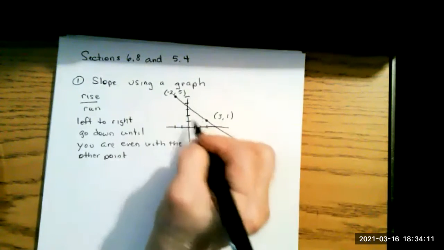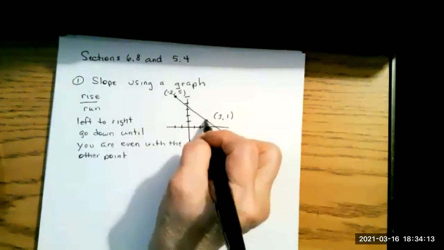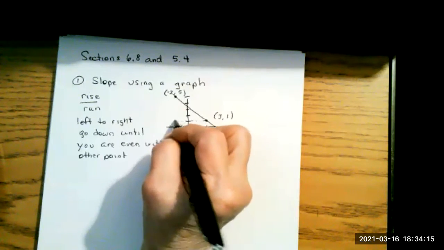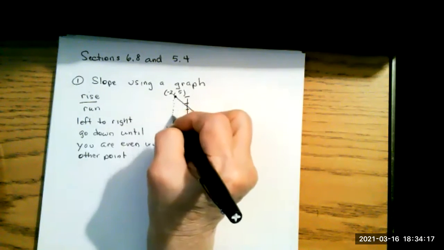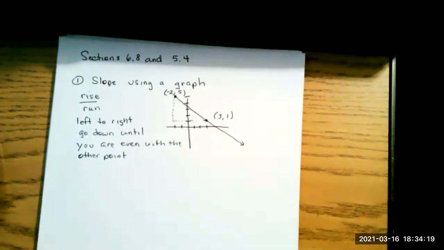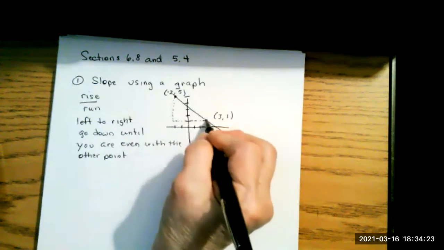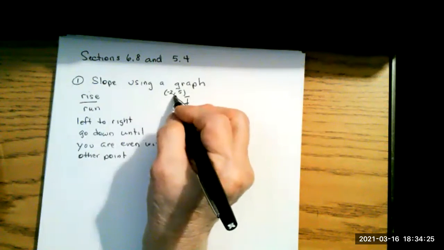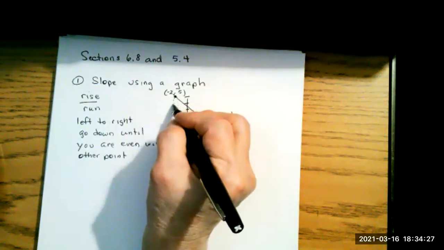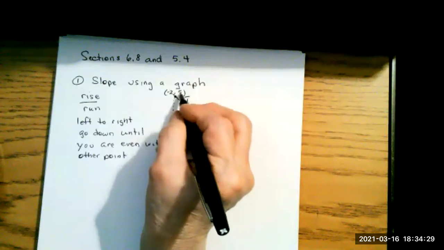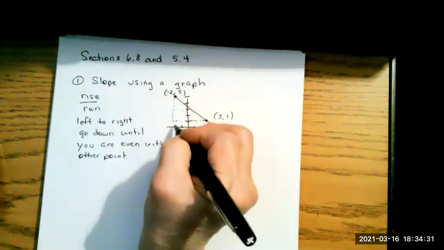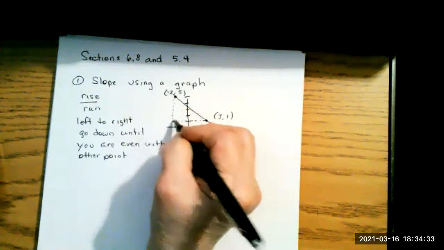So what I'm going to do is draw some little dashed lines across here so that it kind of helps me. It makes a little triangle across there. I'm going to go from this negative 2, 5, and I'm going to go down and see how far I go down until I get to this point.